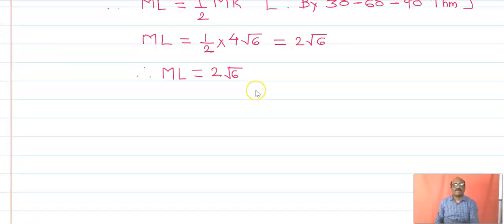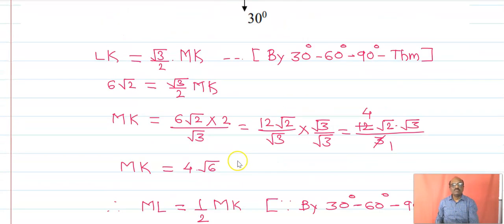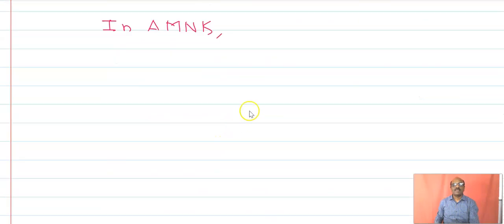Therefore, in triangle NMK, the measure of angle NMK is equal to 45 degree.